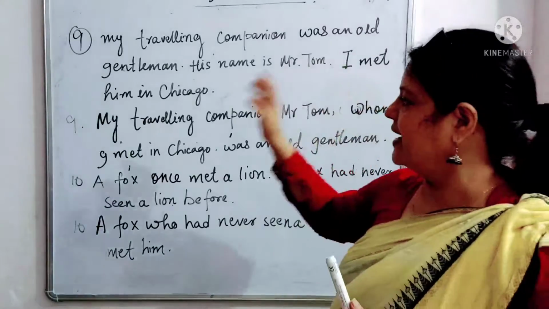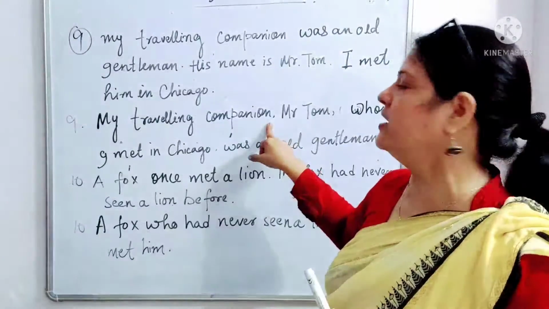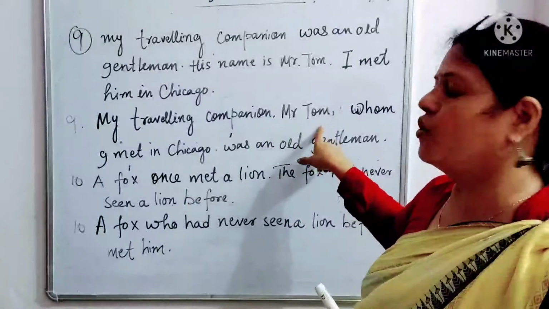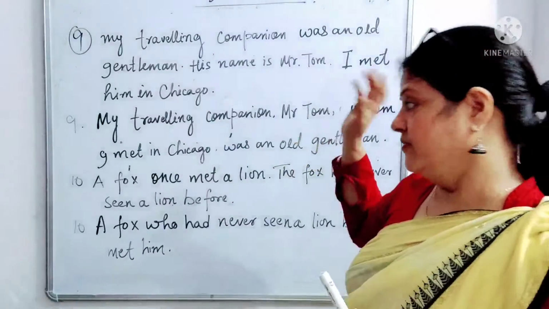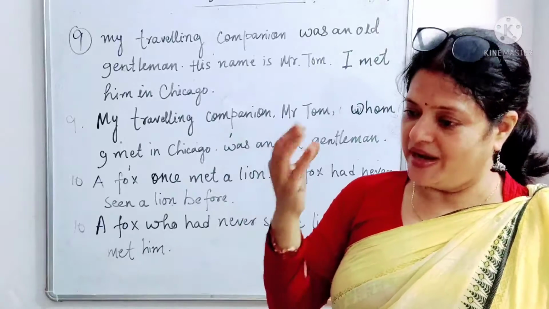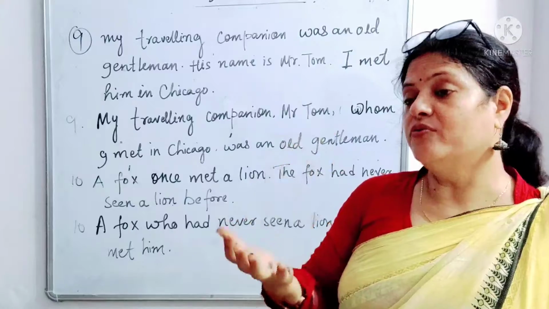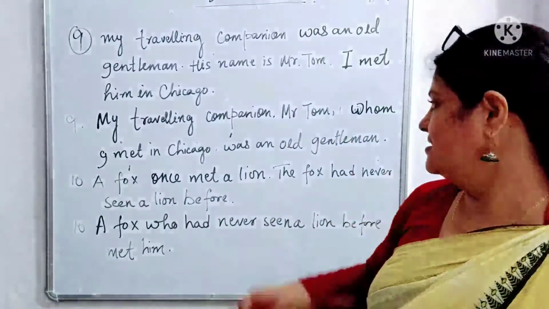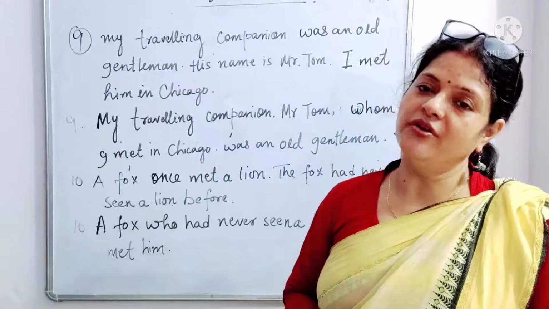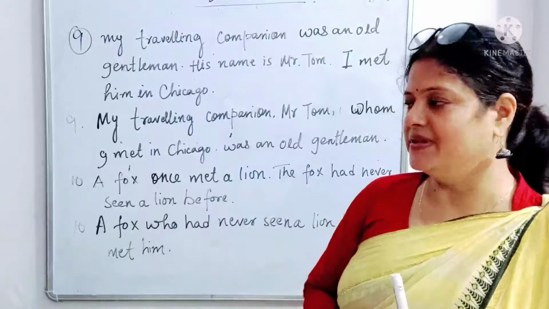After writing the subject, my traveling companion, I have written Mr. Tom as a noun in apposition. If you have watched my video on simple sentences, on how we can combine two or more simple sentences, there you will find this rule: by using a noun in apposition, we can add two sentences to make one simple sentence.